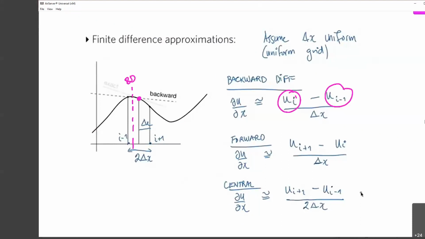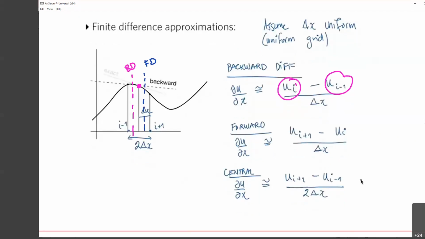Remember, this is the exact value. And let's change color. For forward difference, you are going to get this. This is forward difference. And finally, for central difference, you can see over here, you are going to get the closest value to the exact value. So this is central difference.